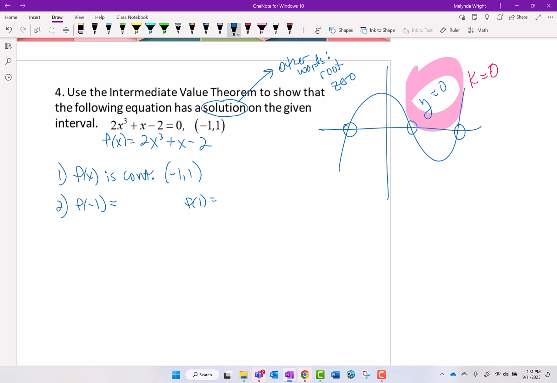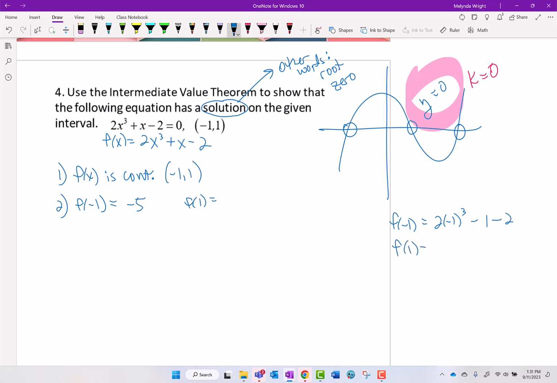All right, so f of negative 1, I actually did arithmetic. I know, crazy, right? F of negative 1 turned out to be negative 5. So what did I do? I went in there and I plugged in a negative 1. F of negative 1 is 2 times negative 1 cubed minus 1 minus 2. That's what I did, and I got a negative 5. I just did this work over to the side.